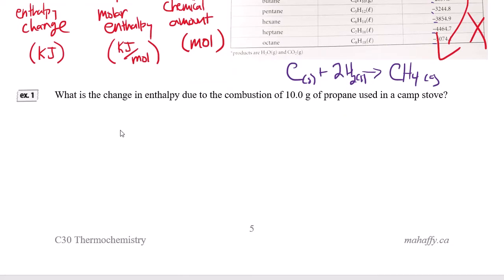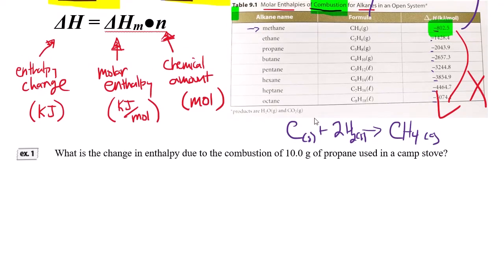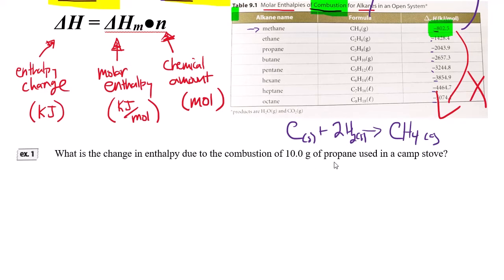But for now, let's try an example here using a combustion reaction. So what's the change in enthalpy due to the combustion of 10 grams of propane used in a camp stove? Okay, so I've got a little camping stove. It runs on propane. I'm going to combust 10 grams of propane. So all of those things are going to be important.